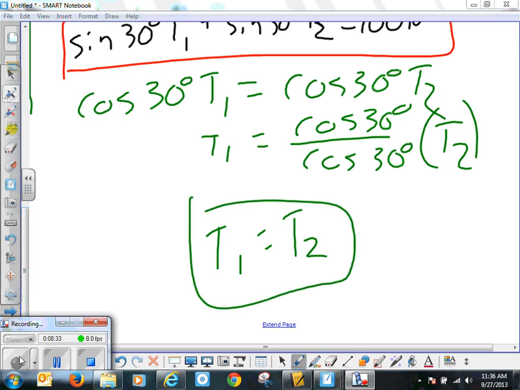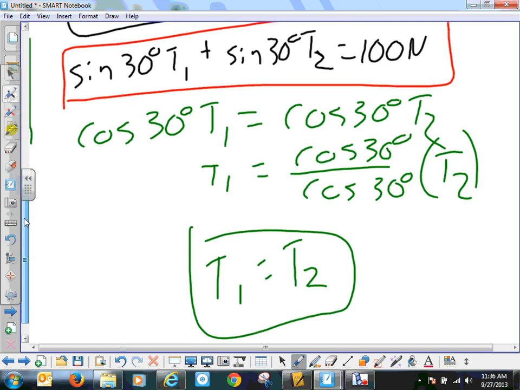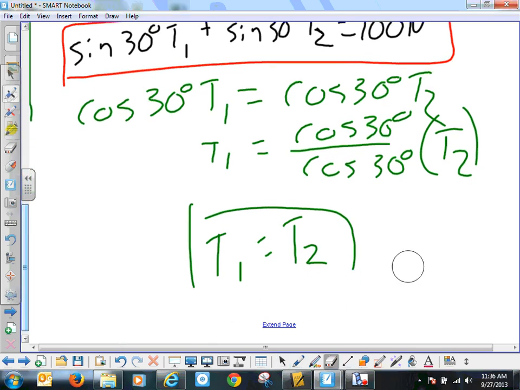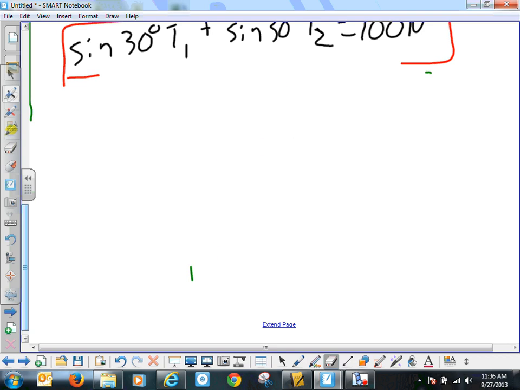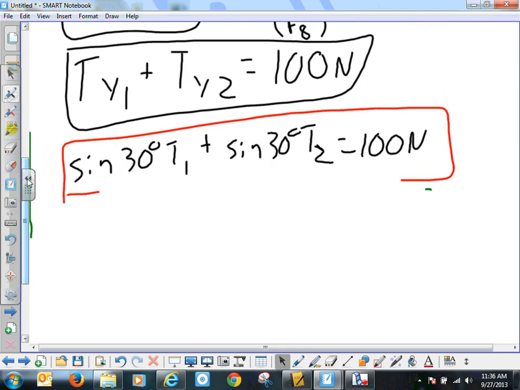Okay, so now we can just look at our equation that we started with up here, and we can solve real easily because we know T1 is equal to T2, so we can put either in. So I'm just going to put T1 here, right?